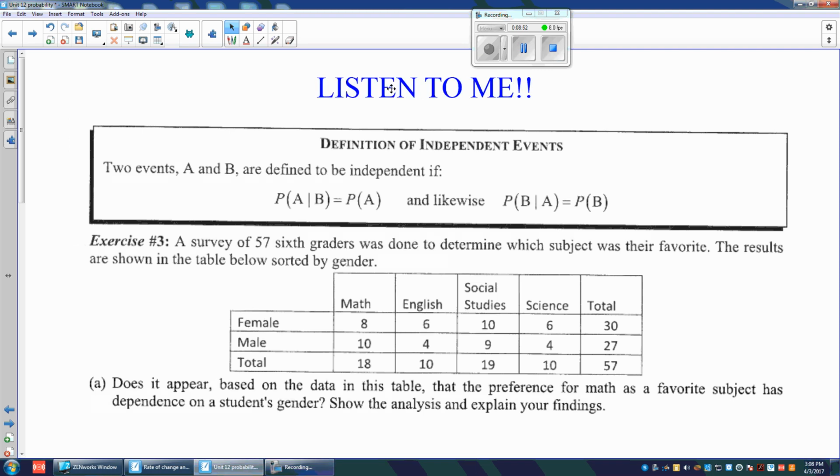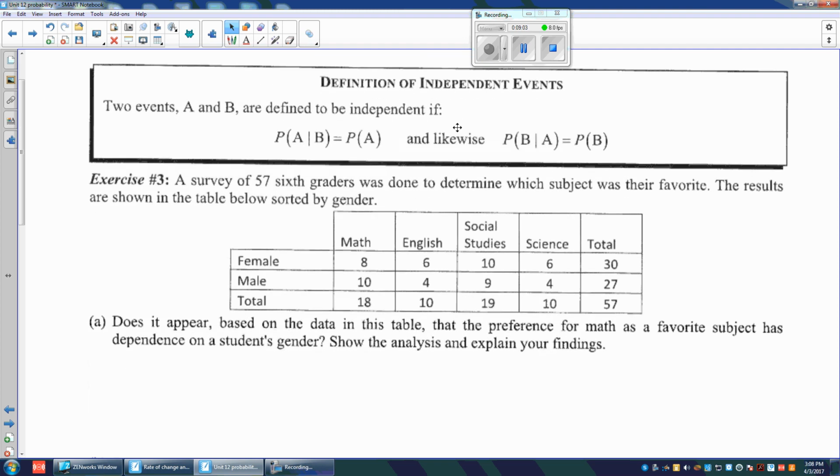I told you before, we have to answer the question that is asked. We can't change the question. Okay, so we're going to answer the question that is asked. We saw this 3 pages ago, the definition of independent events. And this says, what is the probability of A given that B happened?